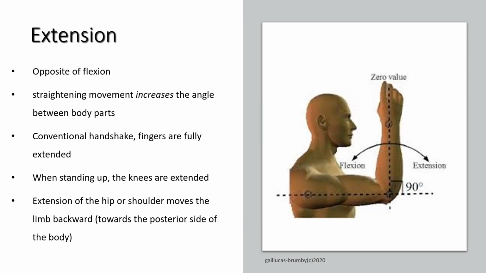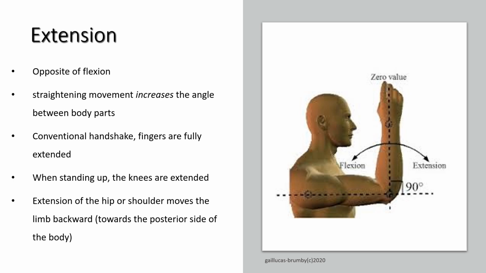Extension is the opposite of flexion, and in this picture we can see that the elbow is flexed, which shortens the distance between the wrist and the shoulder. But with an extension, we're lengthening the distance, so increasing the angle between the body parts. So when the arm is straight, the wrist is much further away from the shoulder.